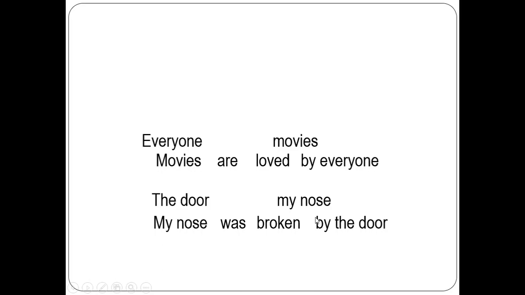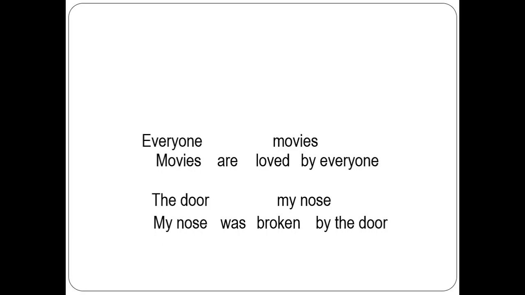You might be already wondering by this stage, what is the need for passivization? Why do we passivize sentences? So, like I said, the level of importance in English is manifested by the positioning.